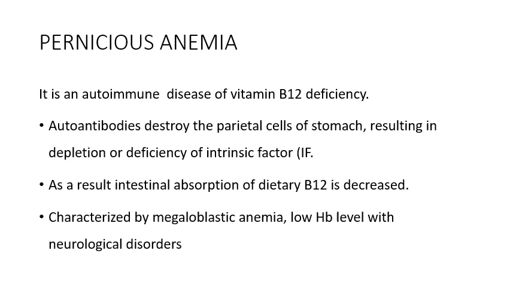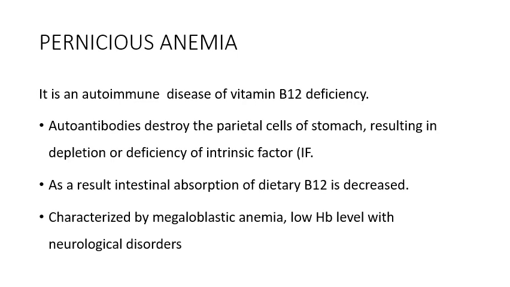First of all, pernicious anemia. Pernicious anemia is an autoimmune disease causing vitamin B12 deficiency. What is an autoimmune disease? There will be production of autoantibodies; our own antibodies try to destroy a specific protein. Here, autoantibodies destroy the parietal cells of the stomach, resulting in depletion or deficiency of intrinsic factor.